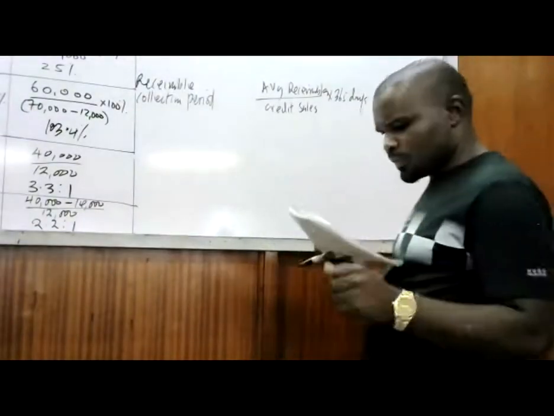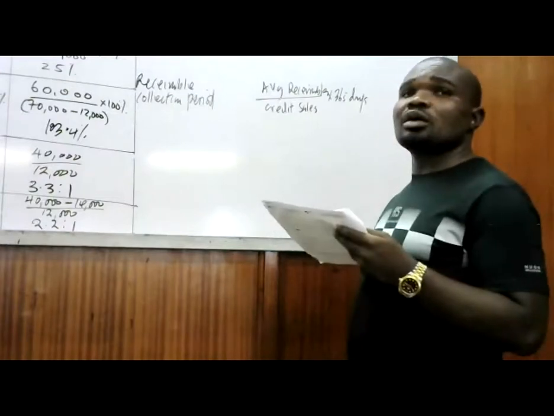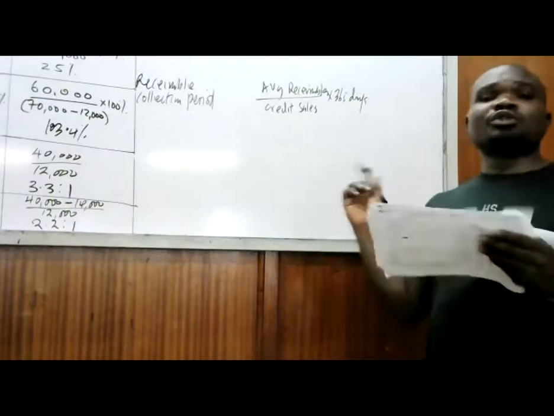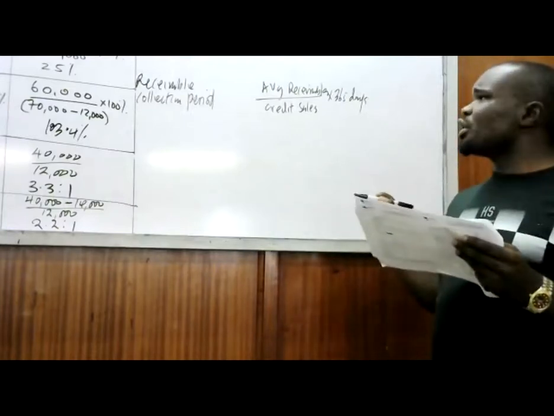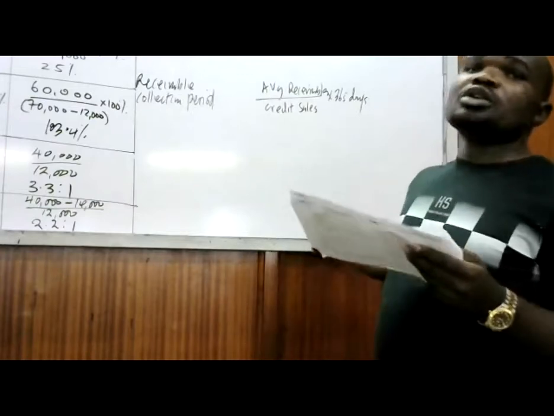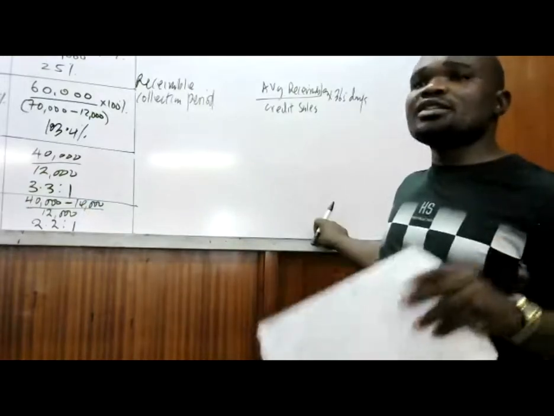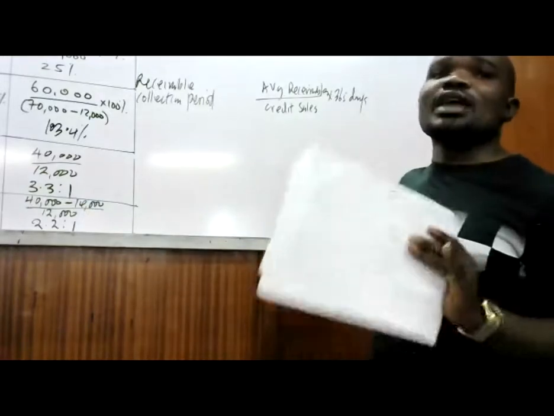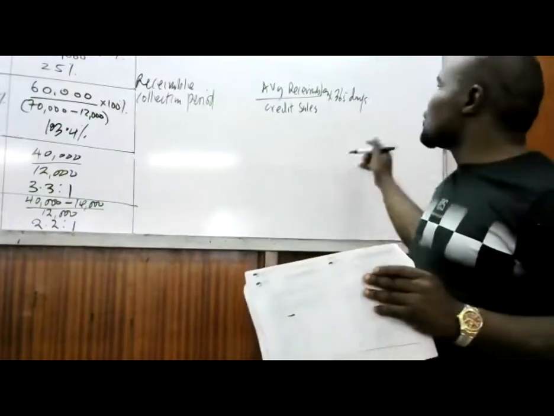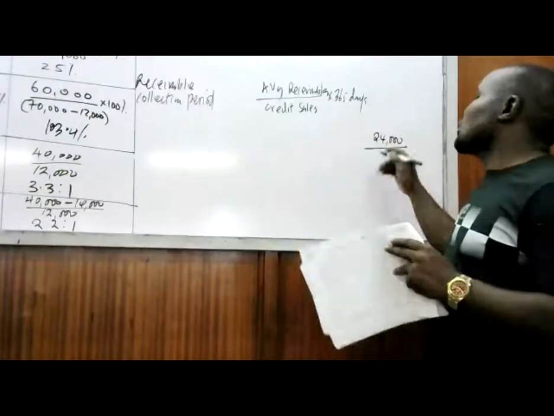In 2019, receivable was 24. But there was no opening. When you have not been given the opening receivable, then that closing is the average. You don't divide the closing by 2. Are we together? So you take that 24, you divide by credit sales.